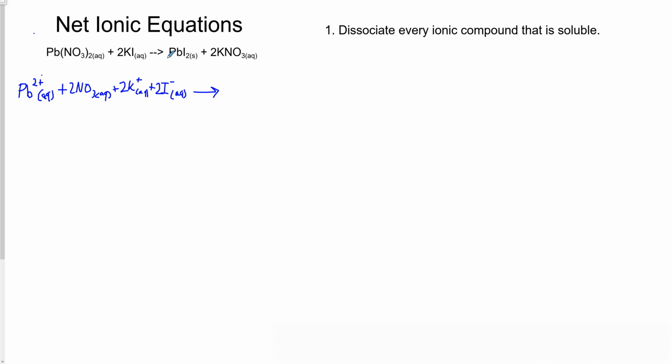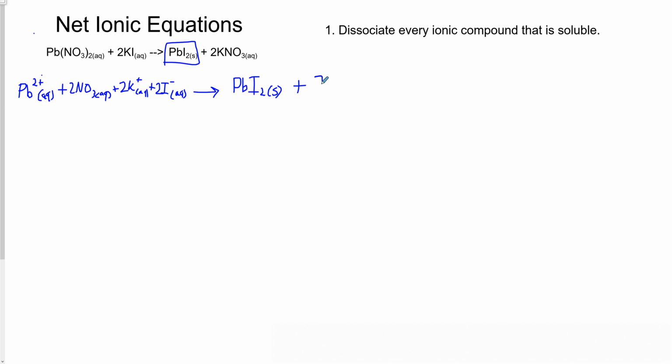Now, I dissociate every compound that is soluble. So I look at my PbI2 solid, that is not going to get dissociated. It doesn't dissolve in water. So I just write it the way that it is, PbI2 solid. Now we have our potassium nitrate.